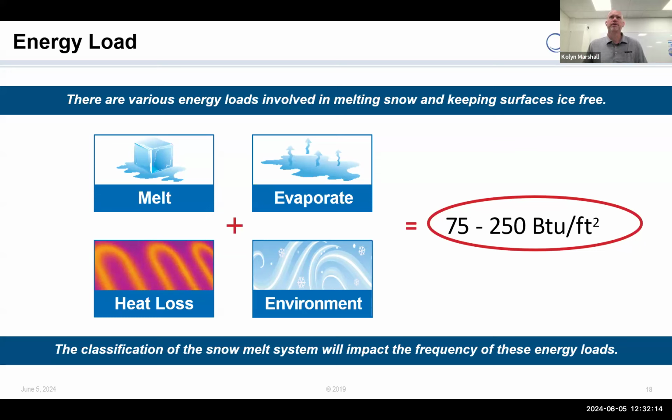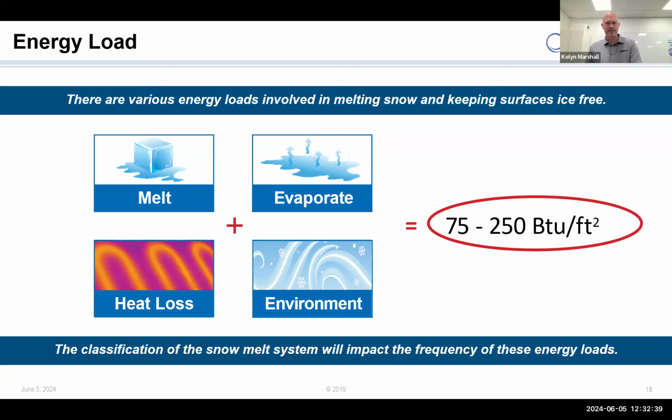One thing that I see a lot of times is people try to equate a snowmelt system with a hydronic heating system. They're both water-based, both use boilers, and are real similar in design and in the components that are used, but the application is greatly different.